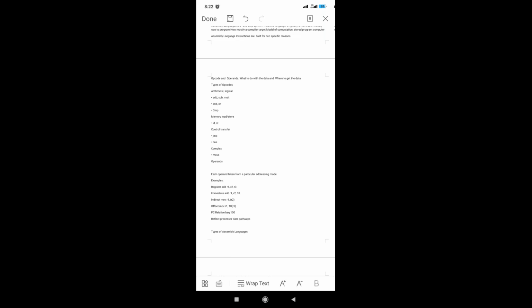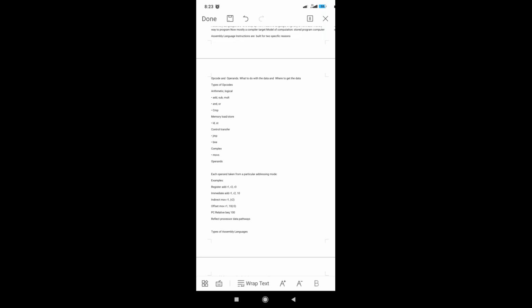OP code means operation code: what do I do with this data? Operand means from where should I get this data, where this operation will be carried out. What are the types of operation codes? There are so many of them.